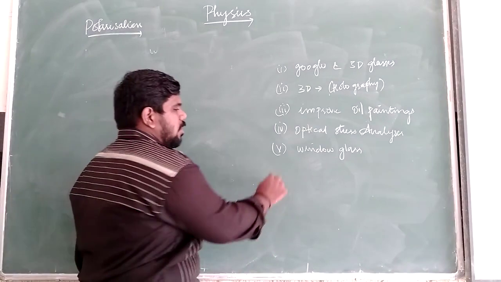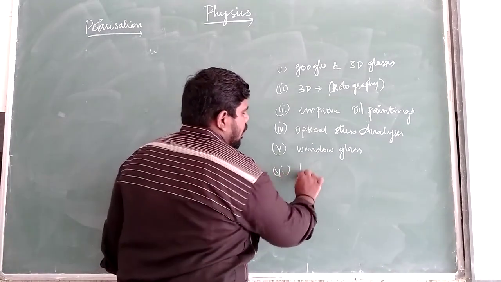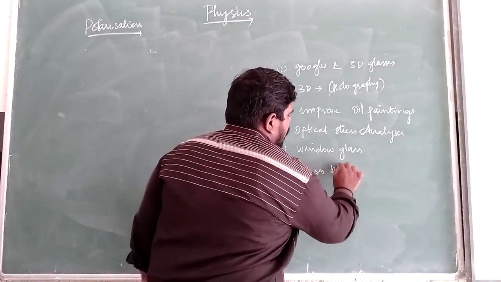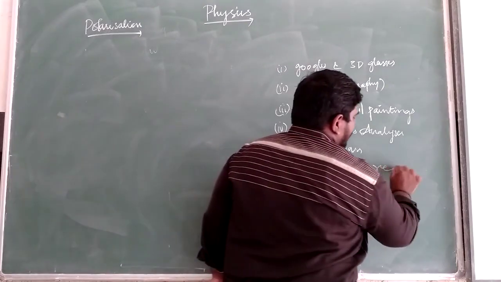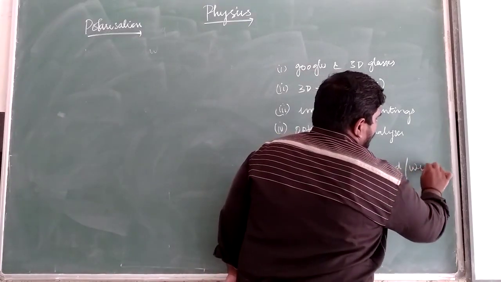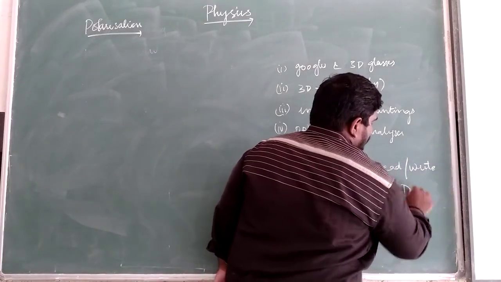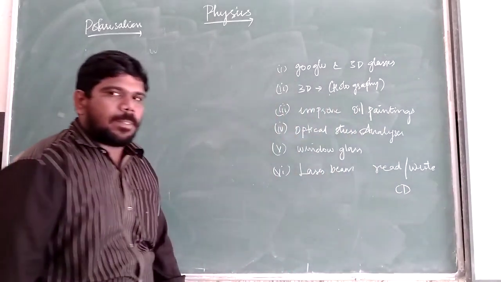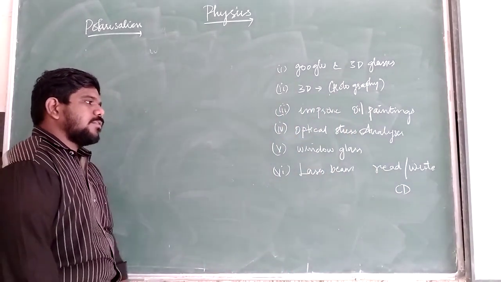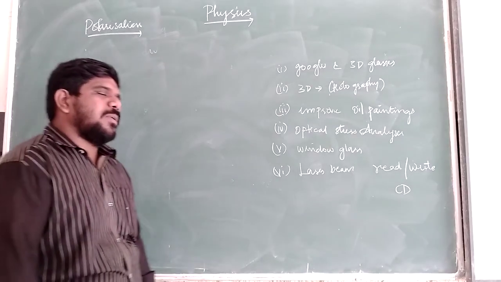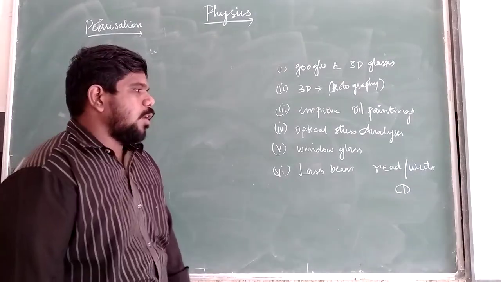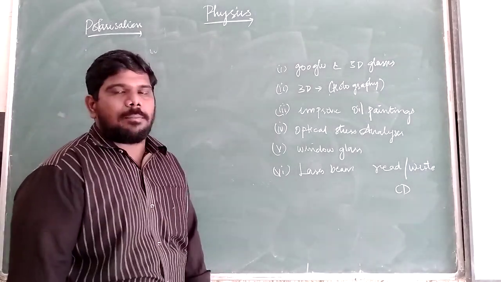Then polaroids act as a laser beam, which is used to read and write the compact disc.